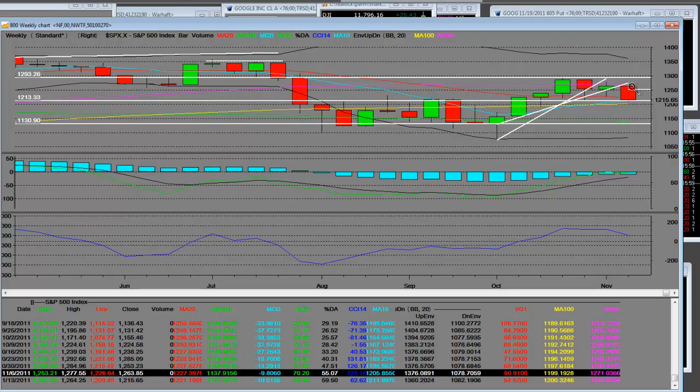Now, this week has done exactly what it should do, and it sold down to its support levels.